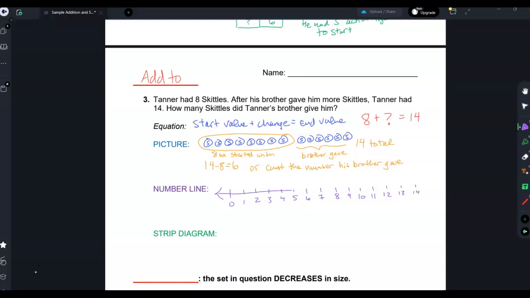If we don't know the ending amount, that's when we don't know how far out to go. So we know the starting value, so we could go ahead and start there. So we started with 8 Skittles, and then we don't know how many hops we want to do, but we do know that we want to end up at 14. So we just count our hops. 1, 2, 3, 4, 5, 6.